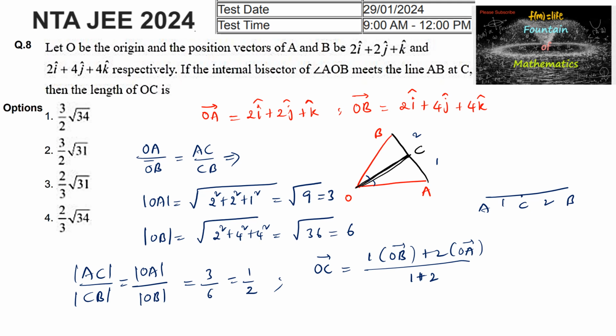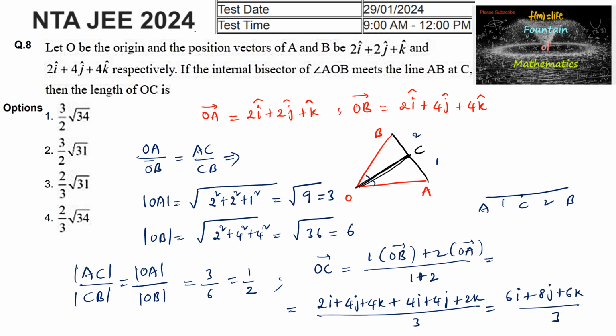Which is equal to 1 times OB vector, that is 2i plus 4j plus 4k, plus 2 times OA, that is 4i plus 4j plus 2k, divided by 3, which is equal to 2 plus 4, that is 6i, 4j plus 4j, that is 8j, plus 4k plus 2k, that is 6k, upon 3.